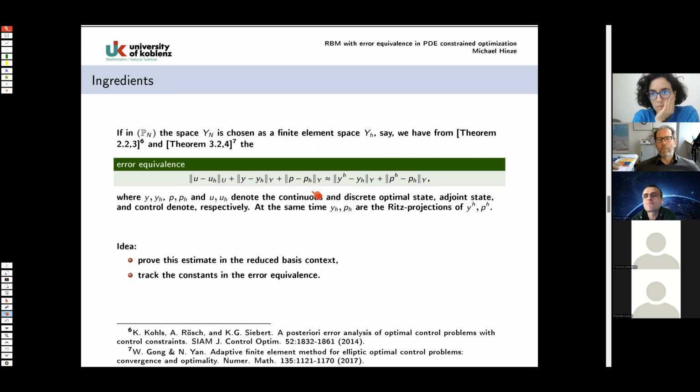Therefore, I can control this in h. That's the idea behind this. Of course, you need a constant here. You can control this error in both directions. When you go to these papers, the constants are popping up.